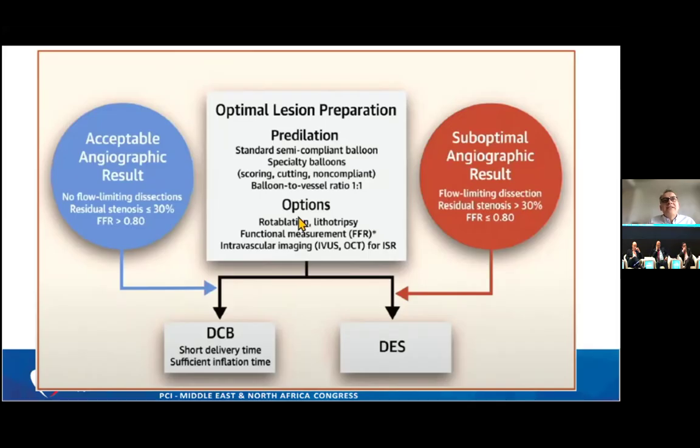If we have contrast staining in the dissection, we had better do a stent. If we have residual stenosis of more than 30%, we had better do a stent, or if FFR is lower than 0.80, we will do a stent. If not, we will do DCB.